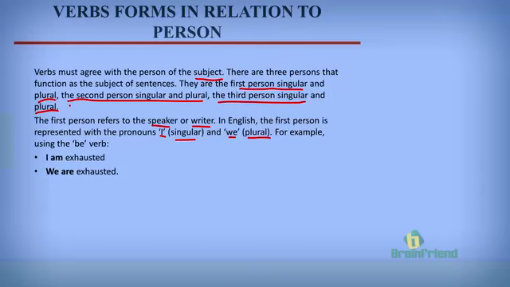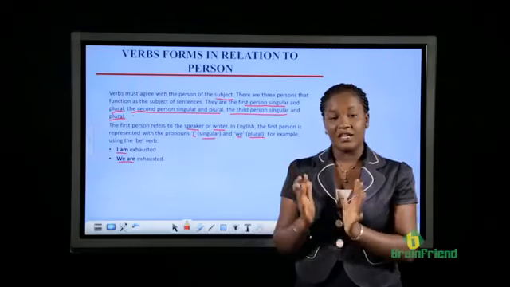For example, using the be verb, we have sentences like I am exhausted. We are exhausted. Now notice that the first sentence here makes use of the first person singular pronoun I. And the be verb which is used after I should be am in the present tense.